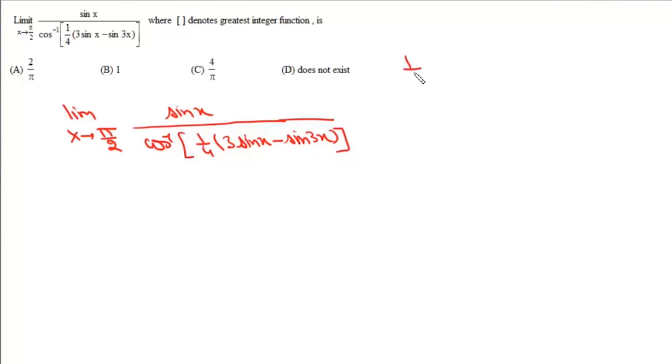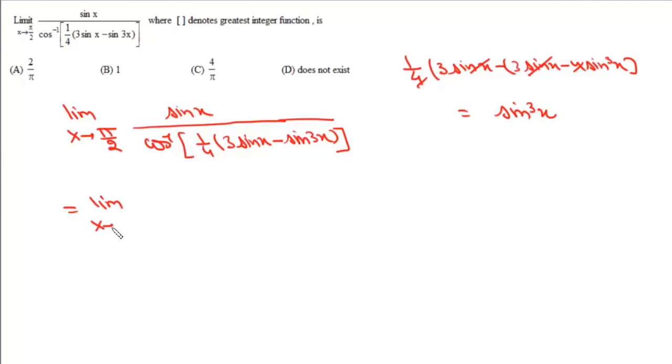Now if we look at this 1 by 4 into 3 sin x minus sin 3x, sin 3x is 3 sin x minus 4 sin cube x. Now this 3 sin x will cancel, this 4 will also cancel, so this value will be simply sin cube x. So we can write this limit as limit x tends to pi by 2, sin x upon cos inverse of the greatest integer function of sin cube x.